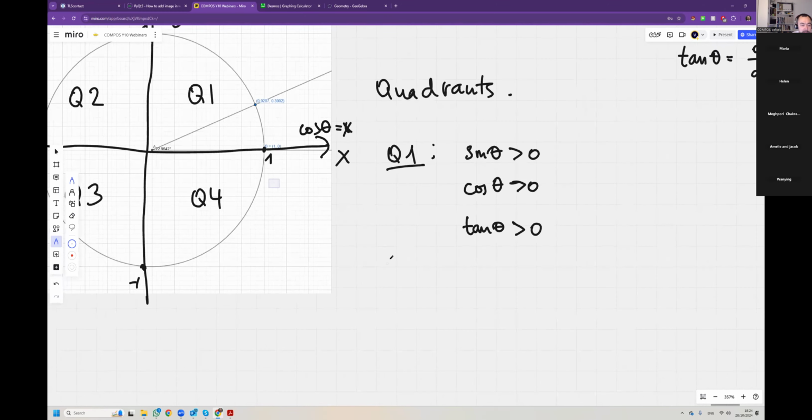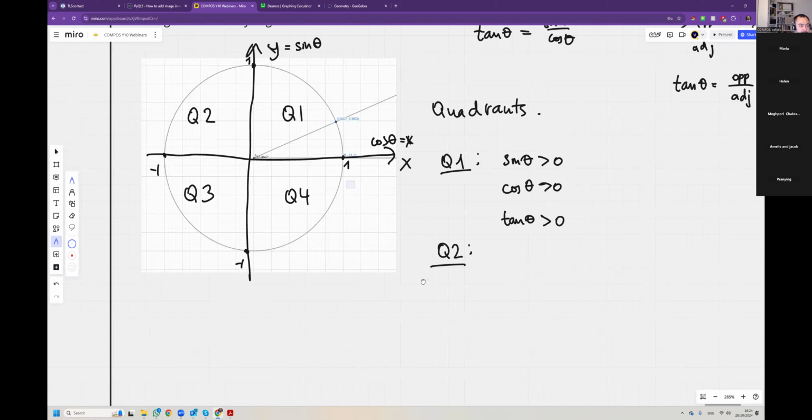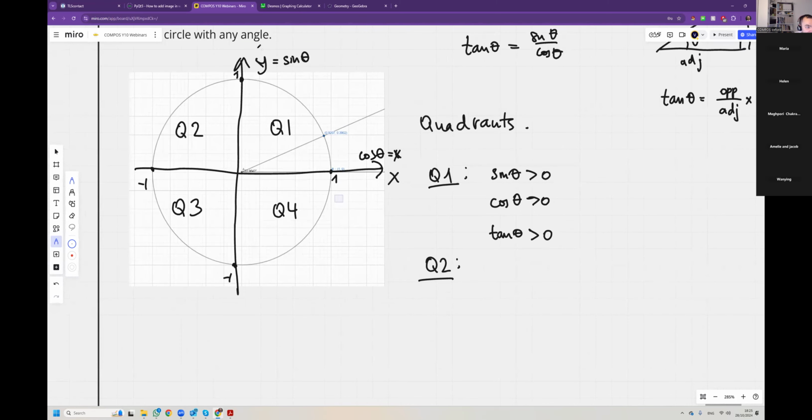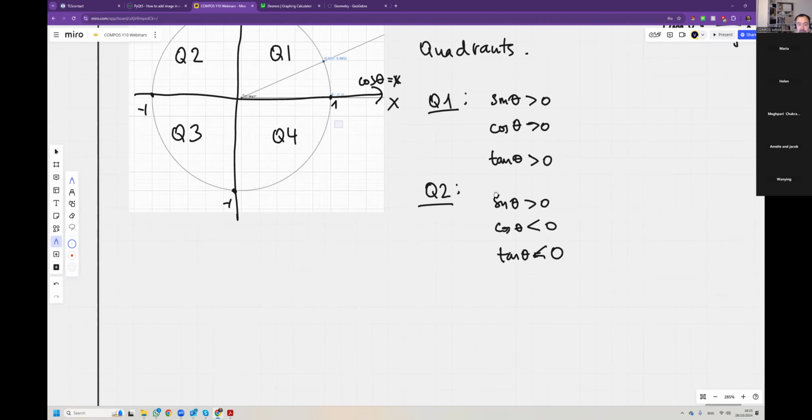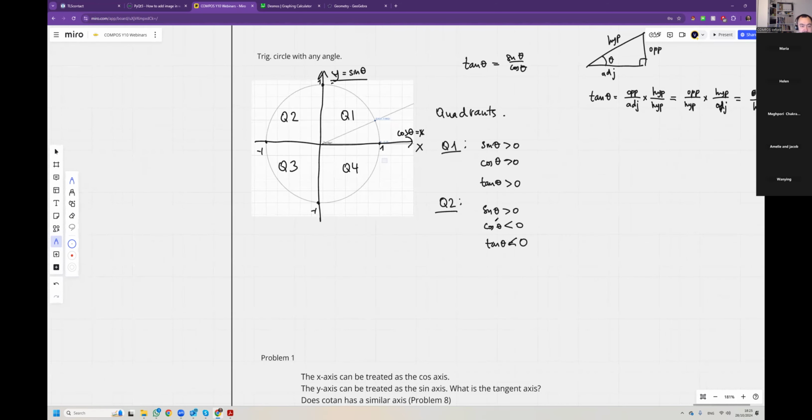Okay, so in quadrant 2, we can see that sine is positive because the y-axis is sine, so sine theta is positive. Cos theta is negative because it's on the negative side of the x-axis. And tan theta is negative because it's positive divided by negative.